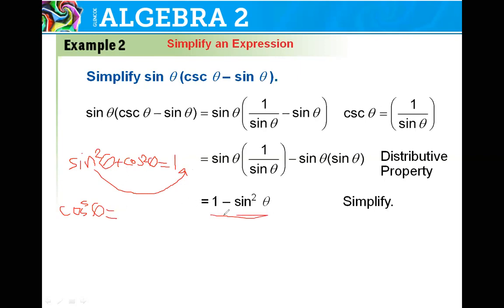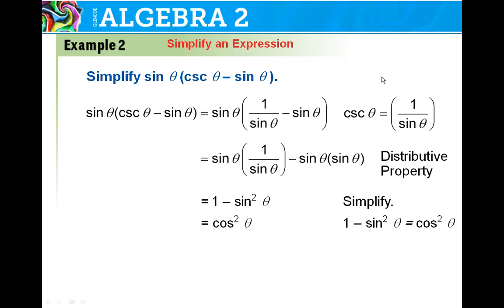So 1 minus sine squared equals cosine squared theta, from the Pythagorean identity. So this is the answer.